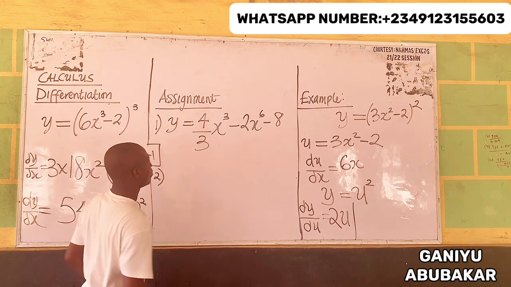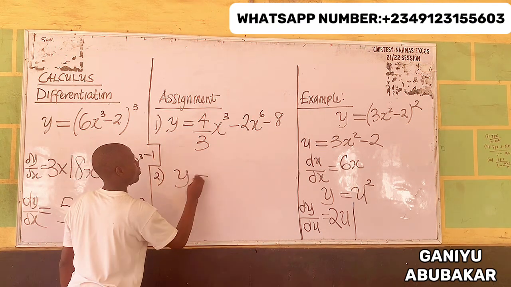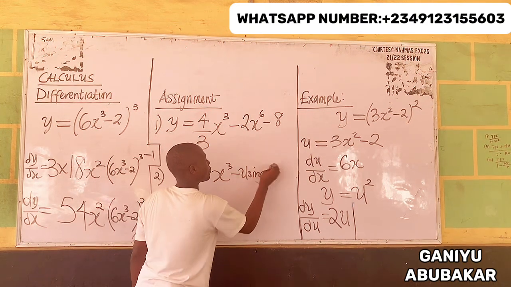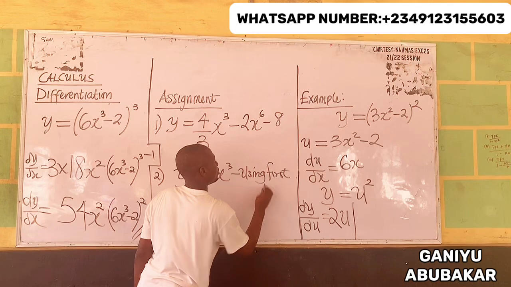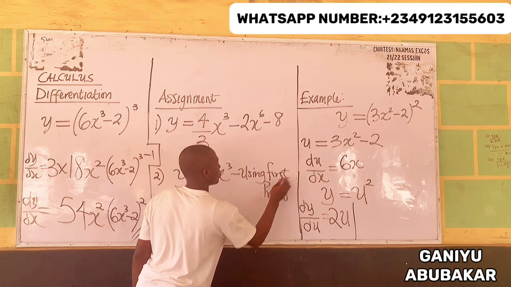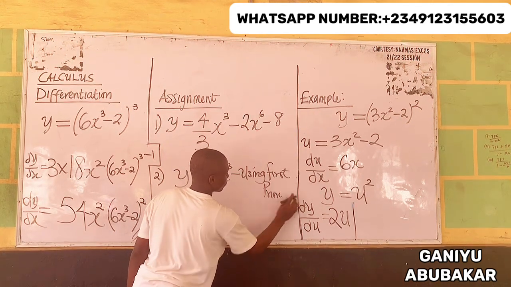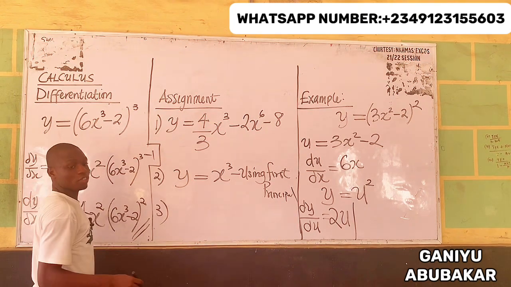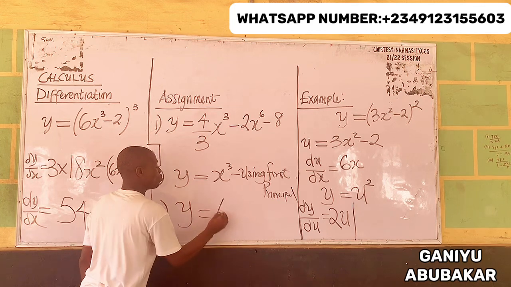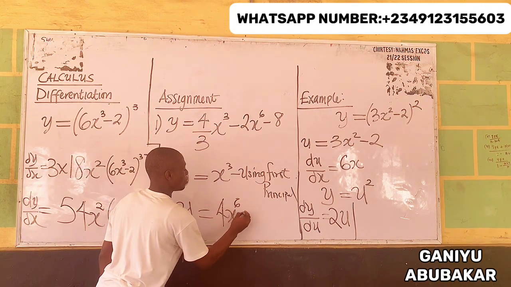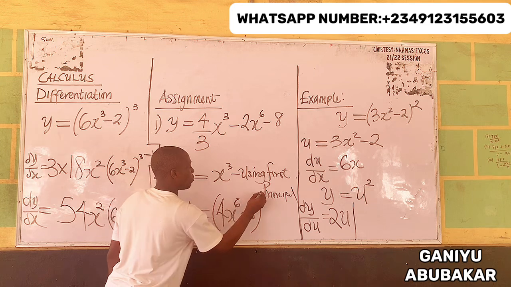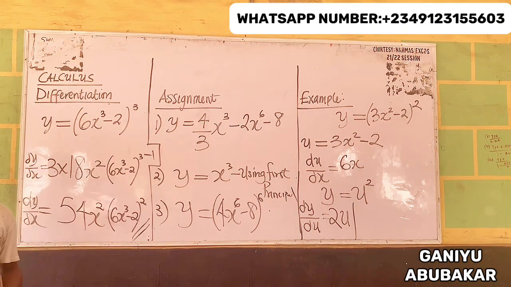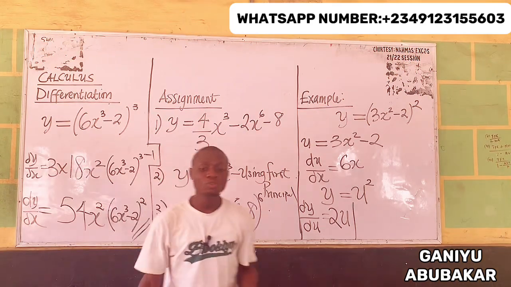Using the first principle for this one. Number 3: y equal to 4x to the power 6 minus 8, all to power, let me just give you 6. Do these 3 for me, please.